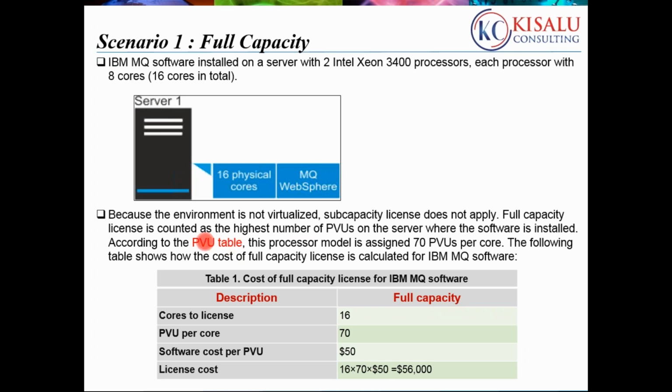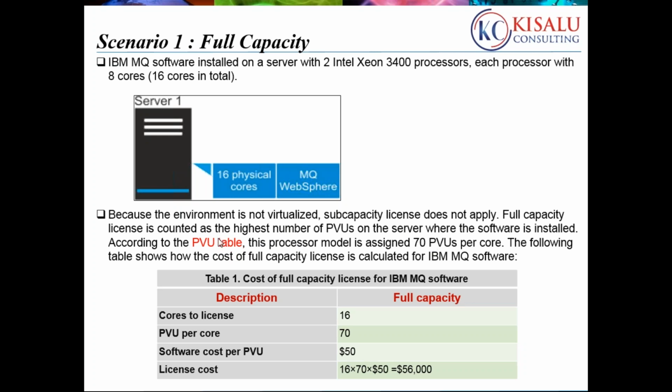There is something called the PVU table. That is a subject on its own. The PVU table is the processor value unit table, which is a table that IBM issues regularly to show how they will rate a particular processor model in terms of the processor value unit.